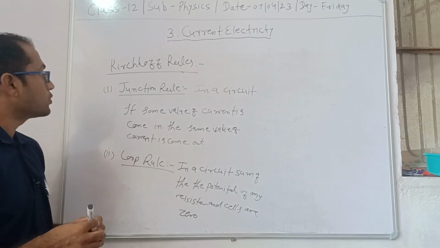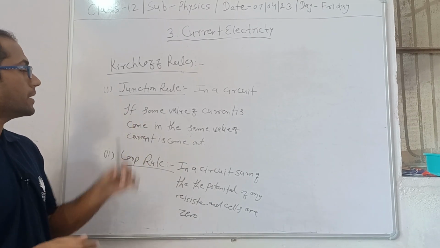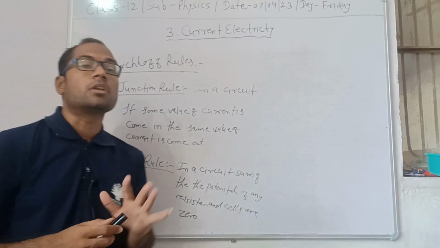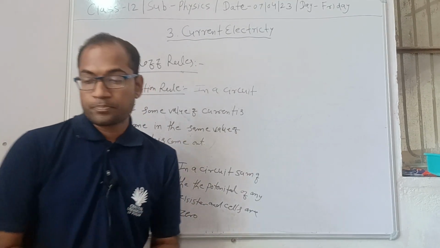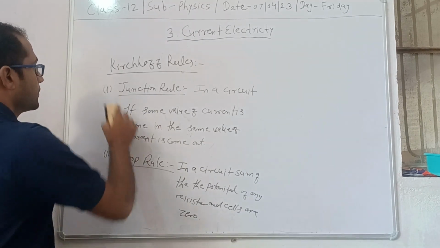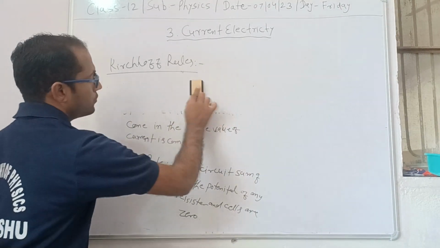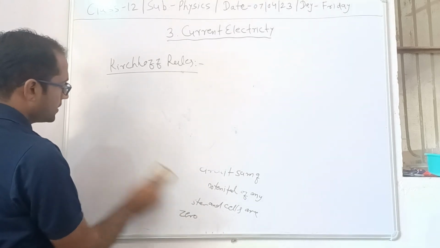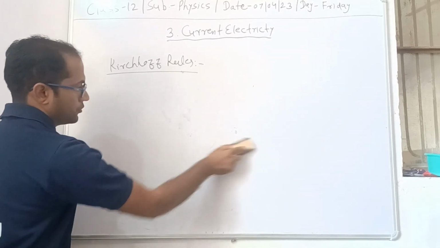So these are the two basic rules given by Kirchhoff, very important to solve a circuit. Then we discuss the applications of Kirchhoff's rules. The first application is the Wheatstone bridge.